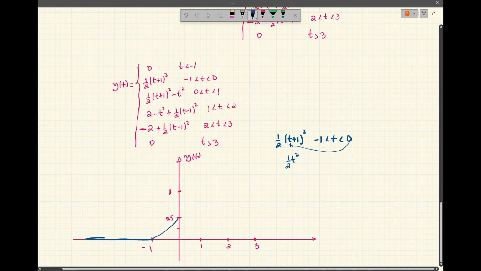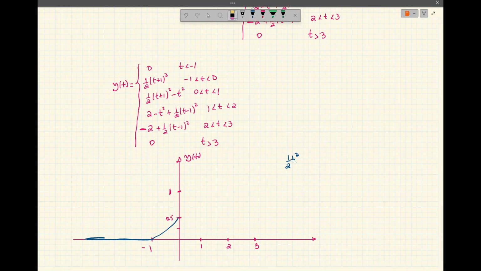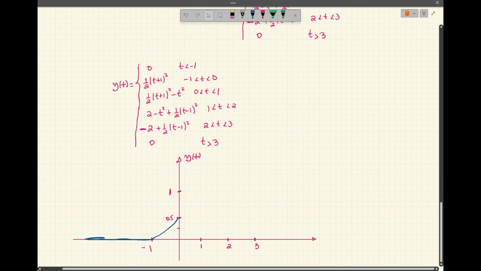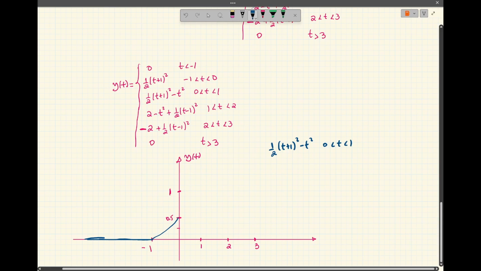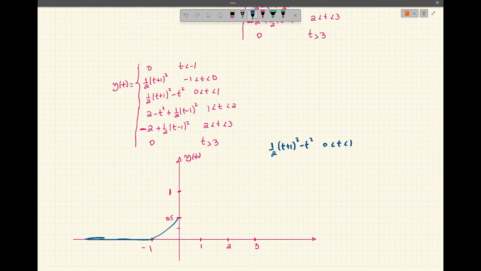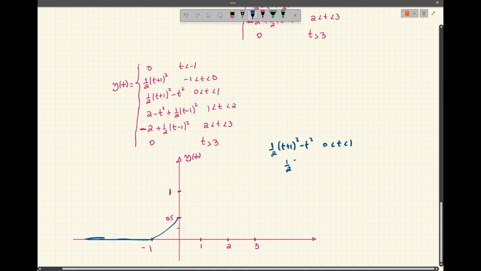And then let's look at the 1/2 (t plus 1) square minus t square, that is from 0 less than t less than 1. So at t equal to 0, we know that is half. At t equal to 1, then we have 1/2 times 2 square minus 1.